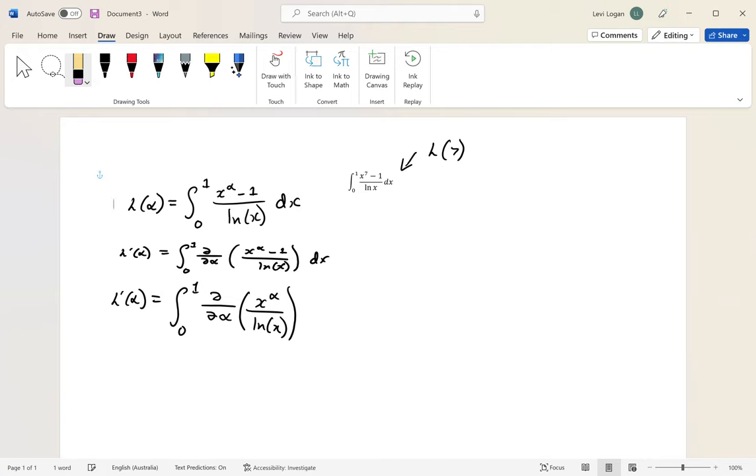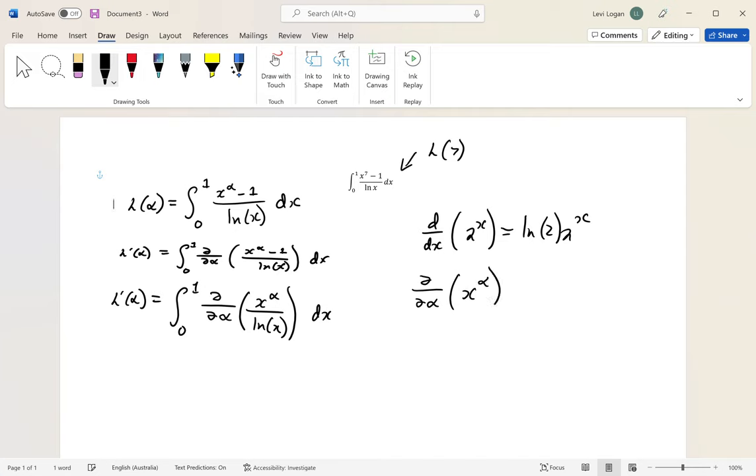And recall, when you're taking the derivative with respect to x of 2 to the x, it's equal to log of 2 times 2 to the x. Therefore, when we take the partial derivative with respect to alpha of x to the alpha, we get log of x times x to the alpha.